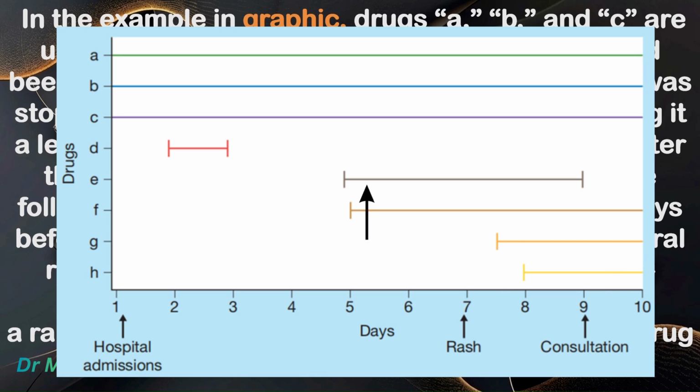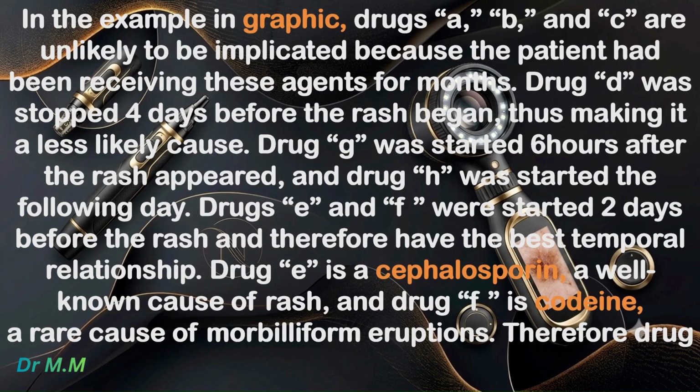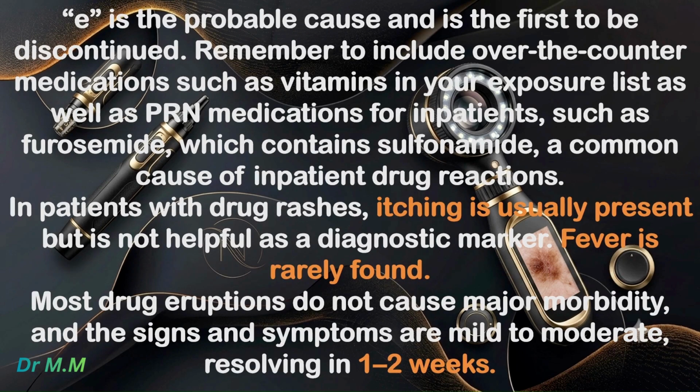Drugs E and F were started 2 days before the rash and therefore have the best temporal relationship. Drug E is a cephalosporin, a well-known cause of rash, and drug F is codeine, a rare cause of morbilliform eruptions. Therefore drug E is the probable cause and is the first to be discontinued.